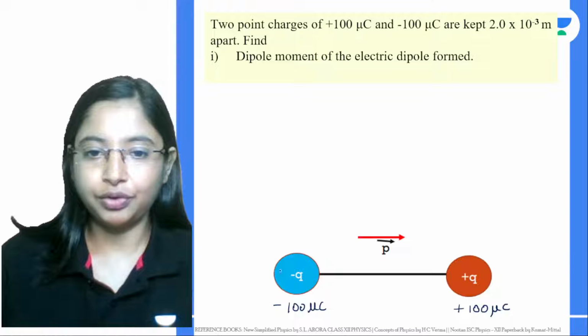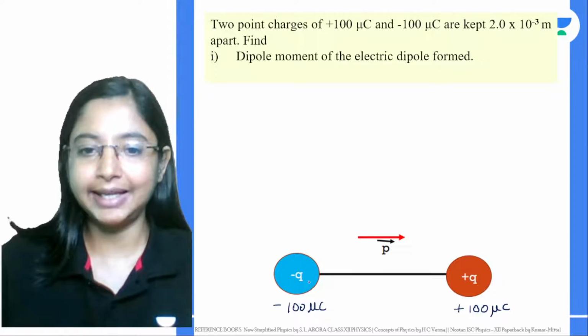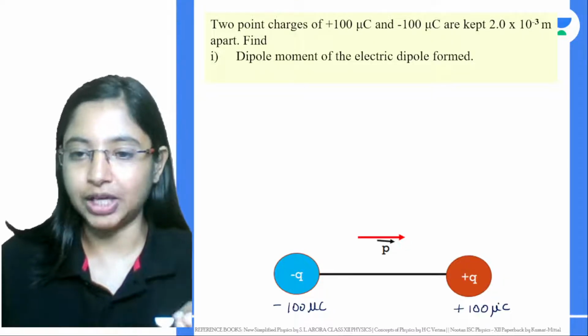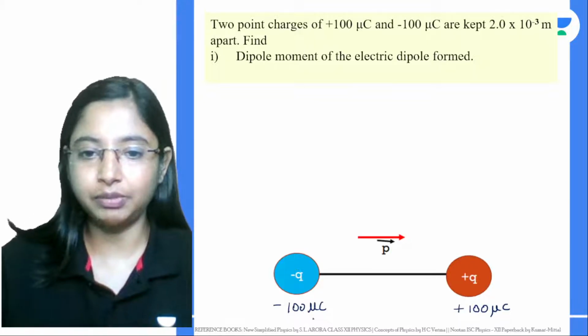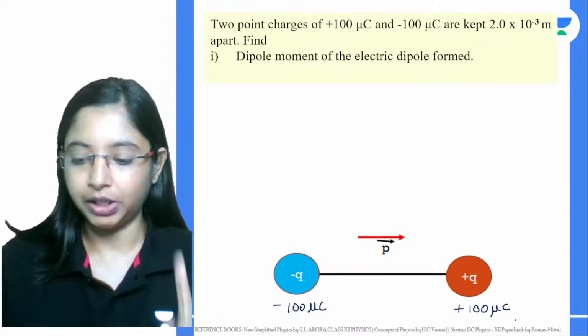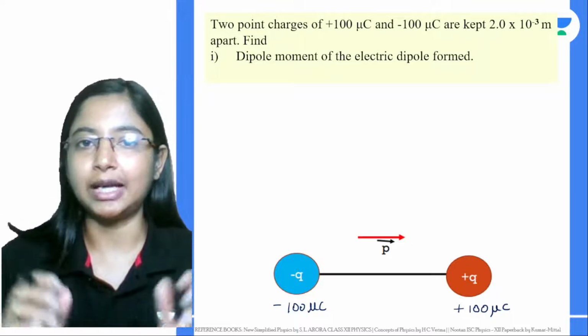So this charge over here is negative 100 microcoulomb, which means it's a negative charge. This is a positive charge. You have 2 charges, the magnitude is the same: this is 100 microcoulomb, this is also 100 microcoulomb. But one is negative and another is positive. Then what you have is a dipole.